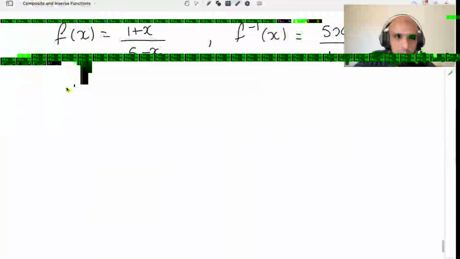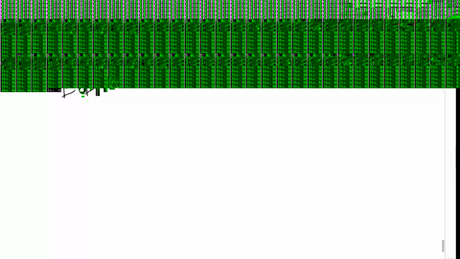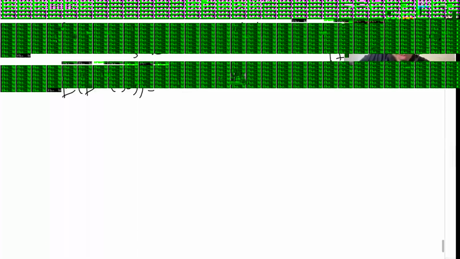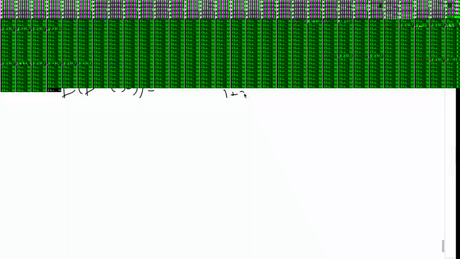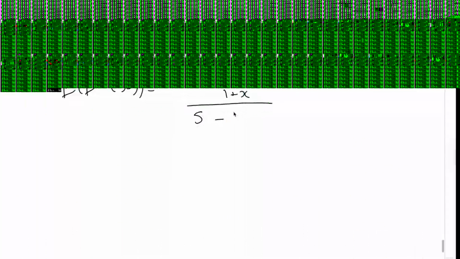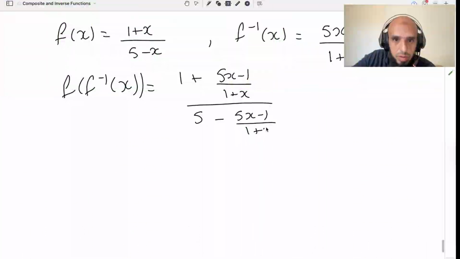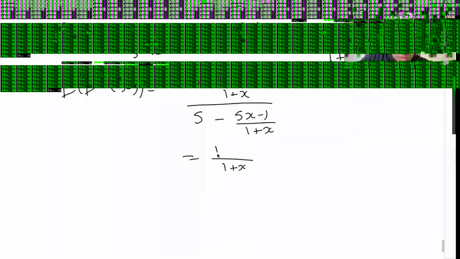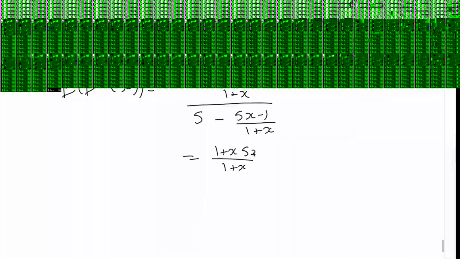So f of f minus 1 of x is going to be equal to 1 plus 5x minus 1 over 1 plus x, divided by 5 minus 5x minus 1 over 1 plus x.